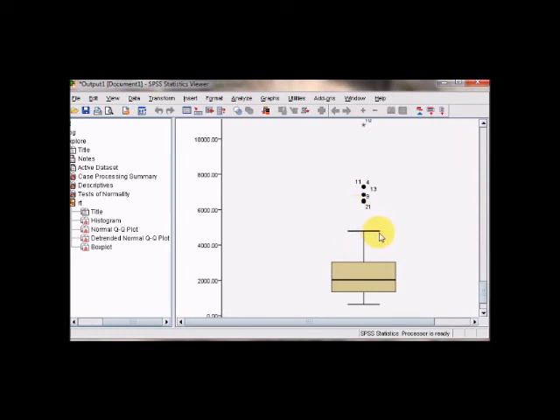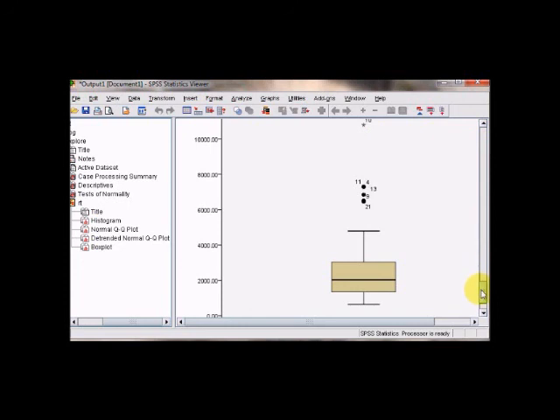These lines here extend 1.5 times the interquartile range from the middle of the data set. So anything beyond that are considered to be outliers. And these are the case numbers, so 4, 9, 11, 13, 21 and 10. So they're the numbers of the participants in the data set. So we can see that we have some outliers.